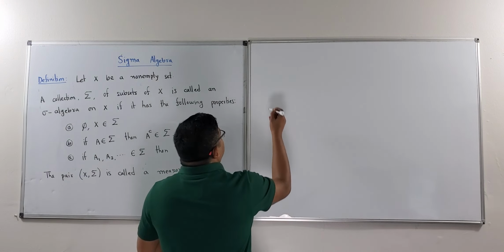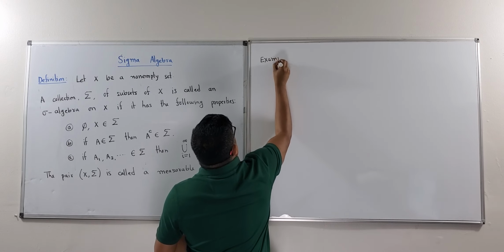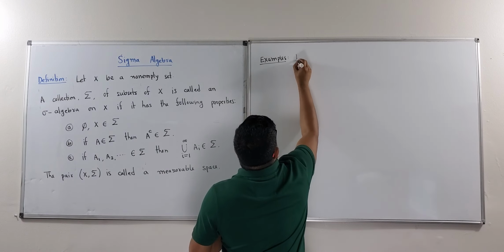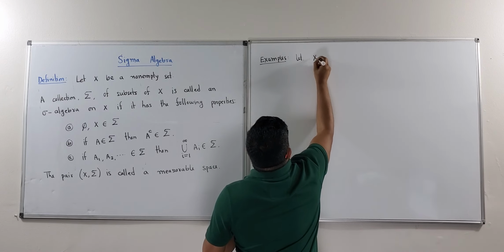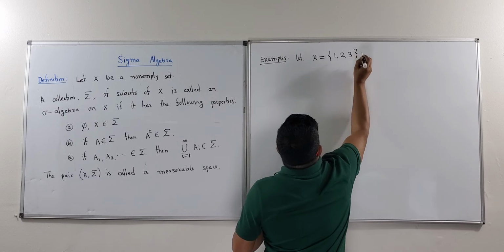So in that case we normally need this sigma algebra. We can now discuss some examples. To discuss examples, we need a set X. Let X be {1, 2, 3}, it has 3 elements.